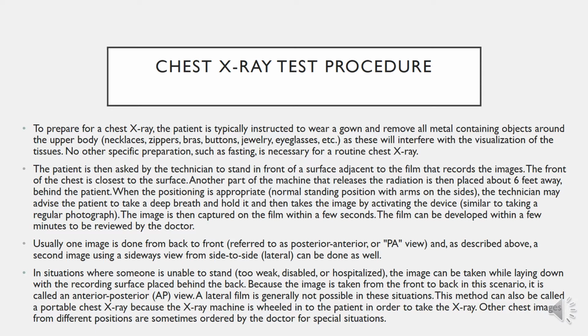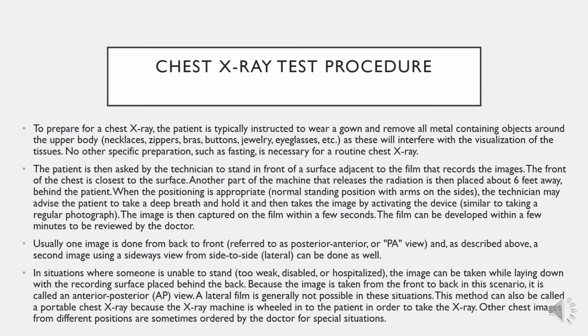When the positioning is appropriate, normal standing position with arms on the sides, the technician may advise the patient to take a deep breath and hold it, and then takes the image by activating the device, similar to taking a regular photograph. The image is then captured on the film within a few seconds. The film can develop within a few minutes to be reviewed by the doctor.